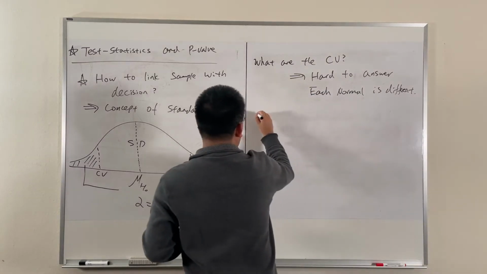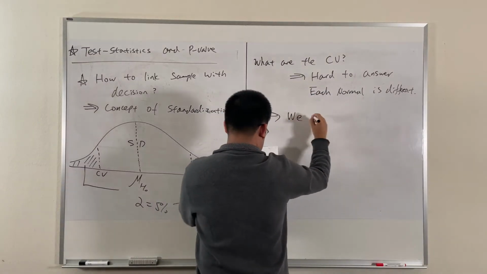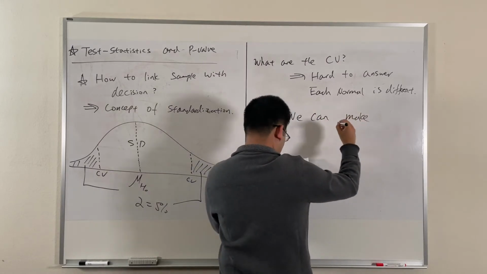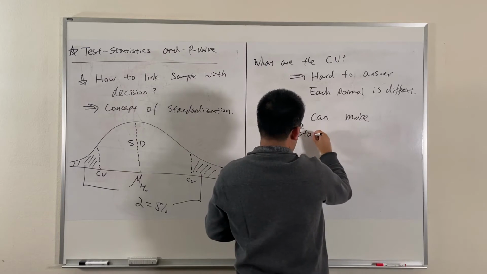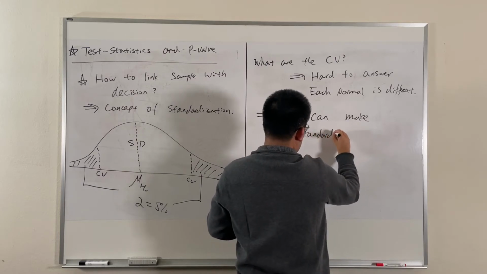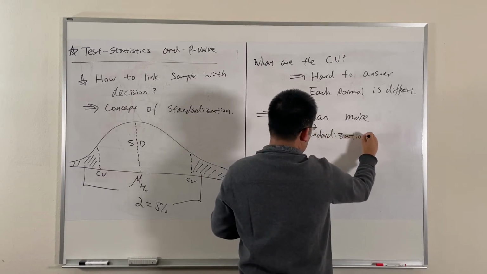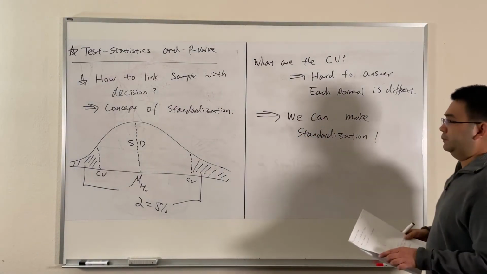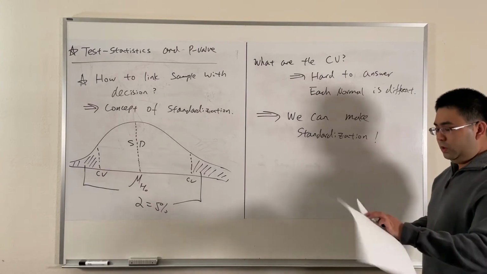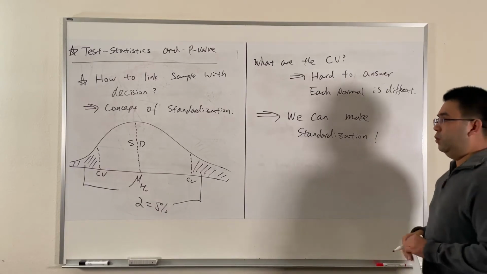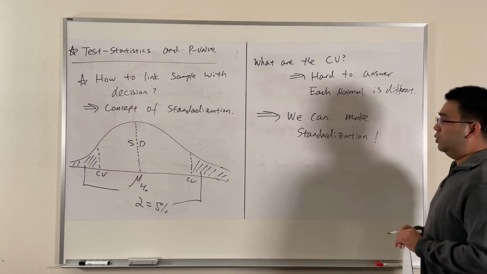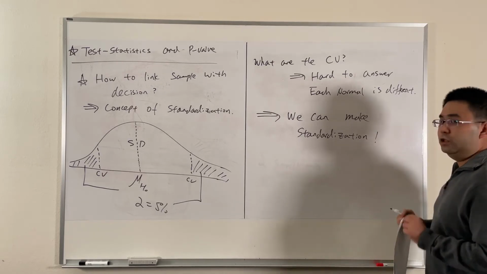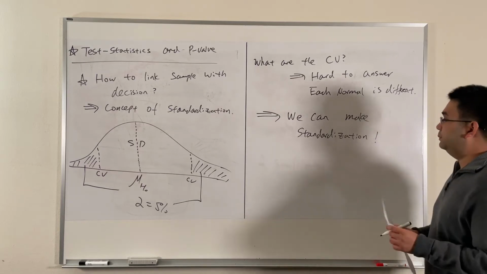But the good news is we can do standardization. With the z-scores that we discussed before, the standardized normal, we can easily use our z-table. So standardization is really helpful here.